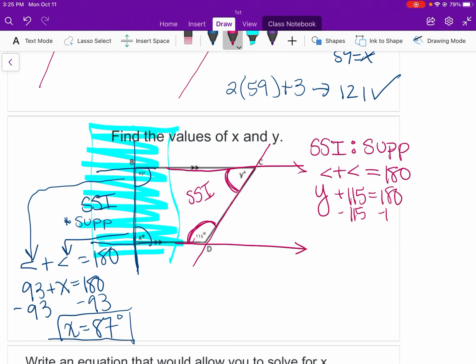Subtract 115 from both sides, and I get that y is equal to... I'm going to use a calculator so I make sure that I don't mess up for y'all. And we get y equals 65. Okay. So once again, feel free to pause the video to look at the work.